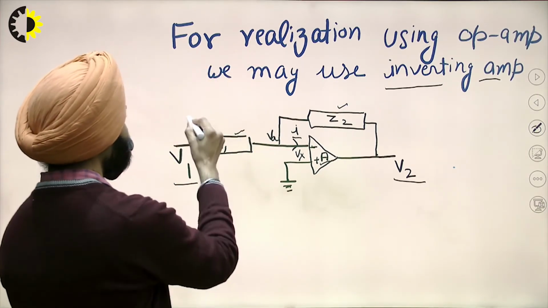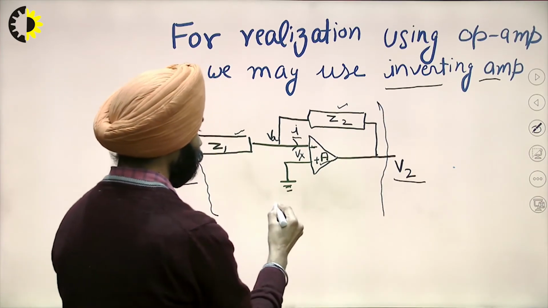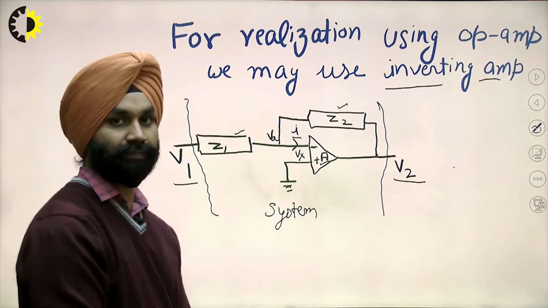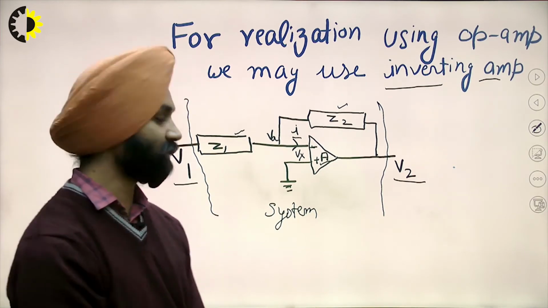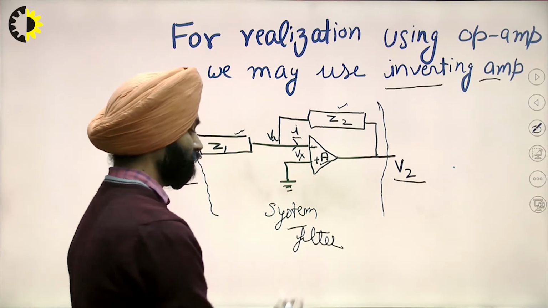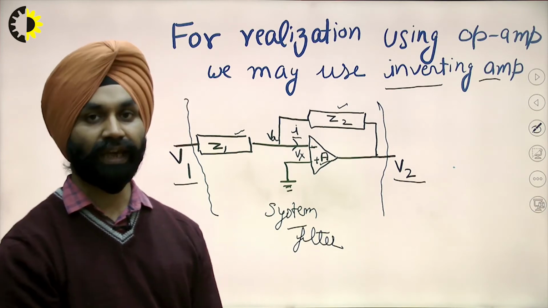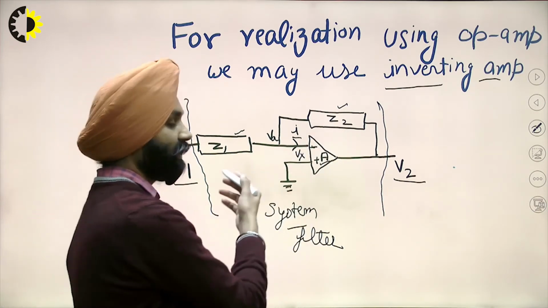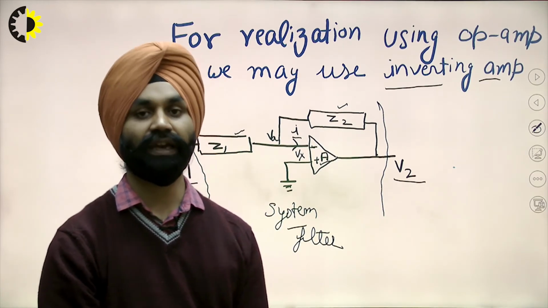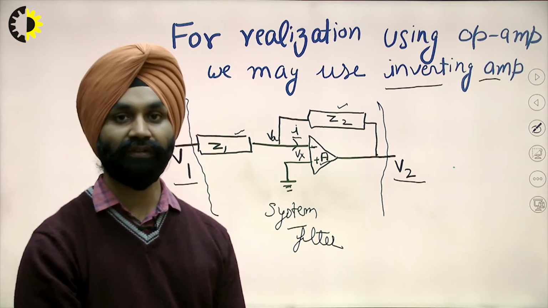That means this whole thing is a processor or system, and in our case the system is a filter. So, now the first thing is to find out Z1 and Z2, what the impedances are. To find that, we have zeros and poles. We have to choose zeros and poles, and accordingly we will have Z1 and Z2.